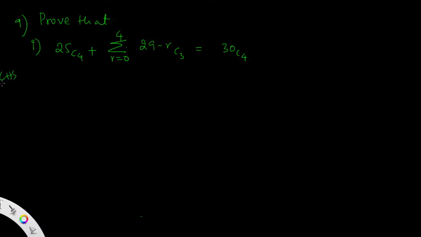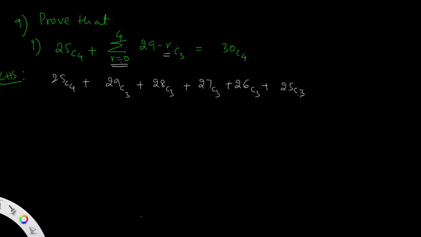Take the LHS. 25C4 keep it the same, starting from r equals 0. First put r equals 0, 29C3. If r equals 1, you can write 28C3. If r equals 2, 27C3. r equals 3, 26C3. r equals 4, 25C3.